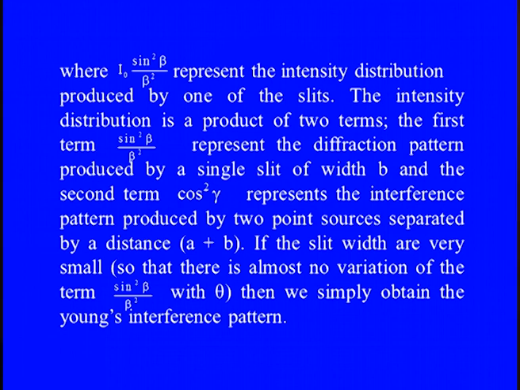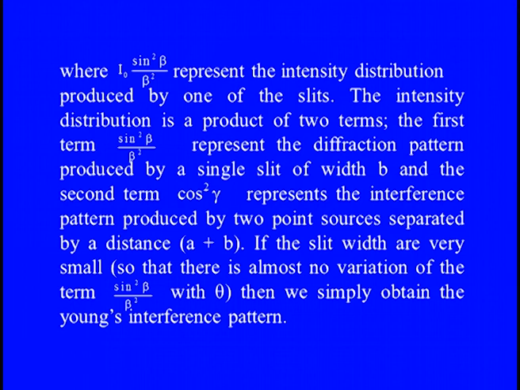In this expression, I0 sin²β/β² represents the intensity distribution produced by one of the slits. The intensity distribution is a product of two terms. The first term sin²β/β² represents the diffraction pattern produced by a single slit of width b, and the second term cos²γ represents the interference pattern produced by two point sources separated by a distance a plus b.